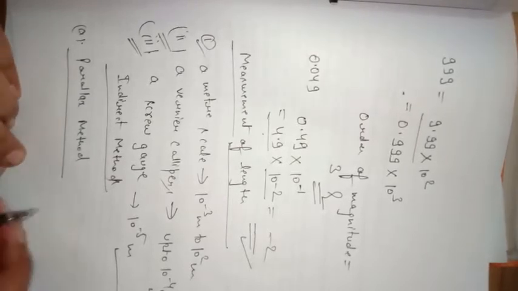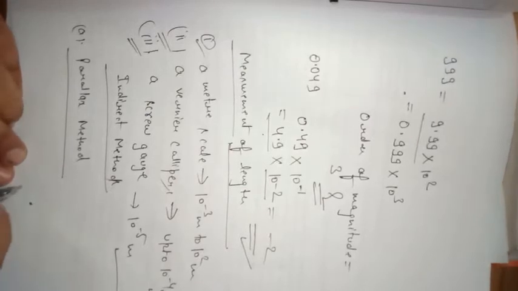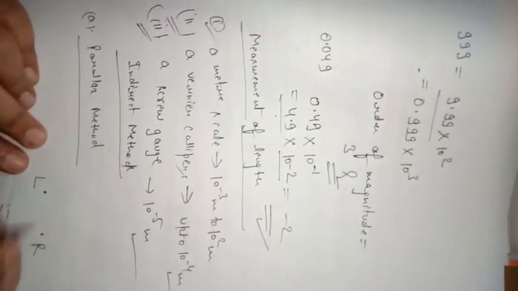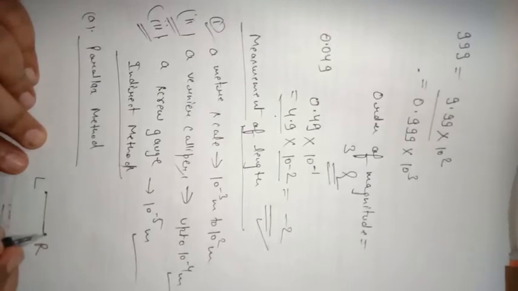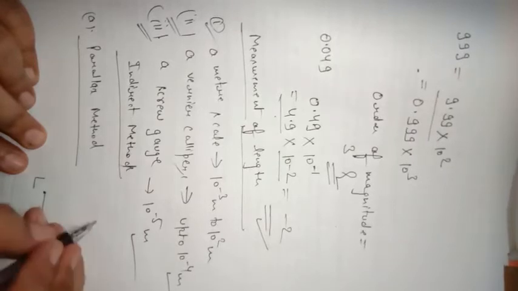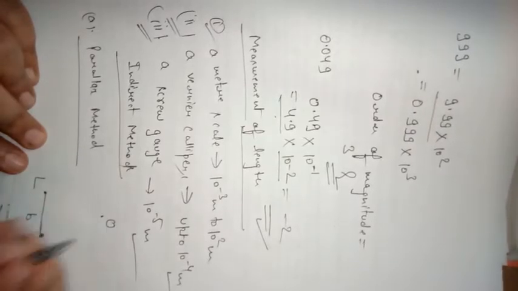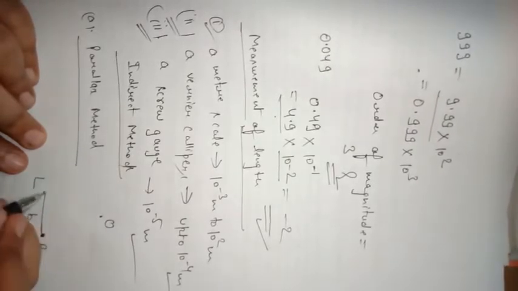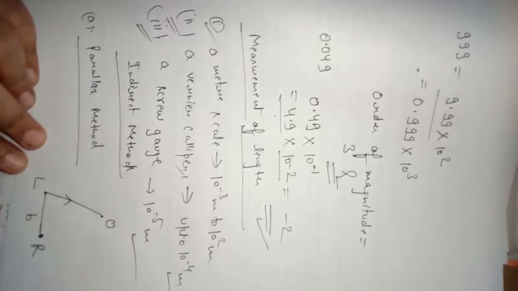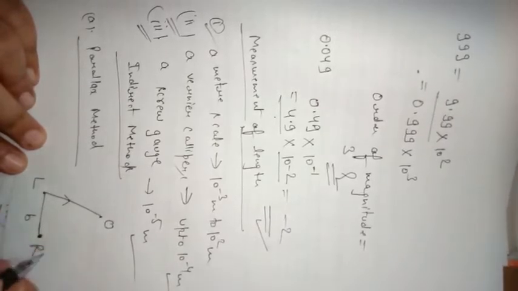For better understanding, suppose here is the position of the left eye and here is the position of the right eye. Suppose the distance between the left eye and the right eye is b, and you are watching a particular object which is here. I am writing this as O. How will you watch this object? One ray will go from the left eye to this. How will you watch this object from your right eye?